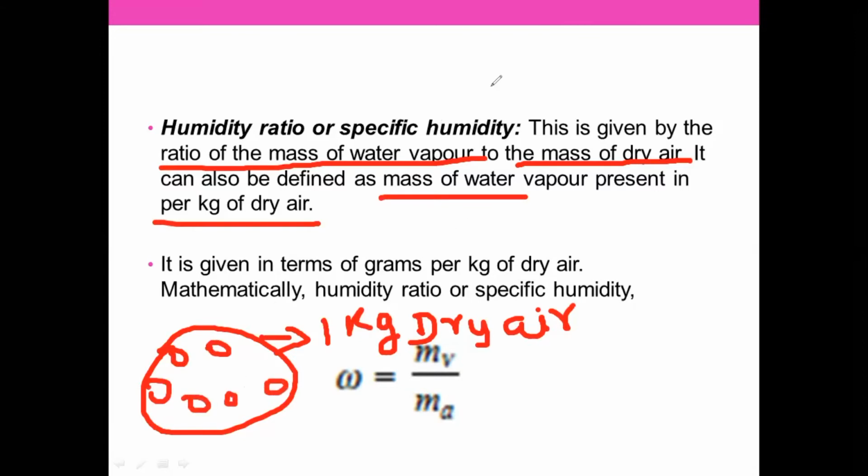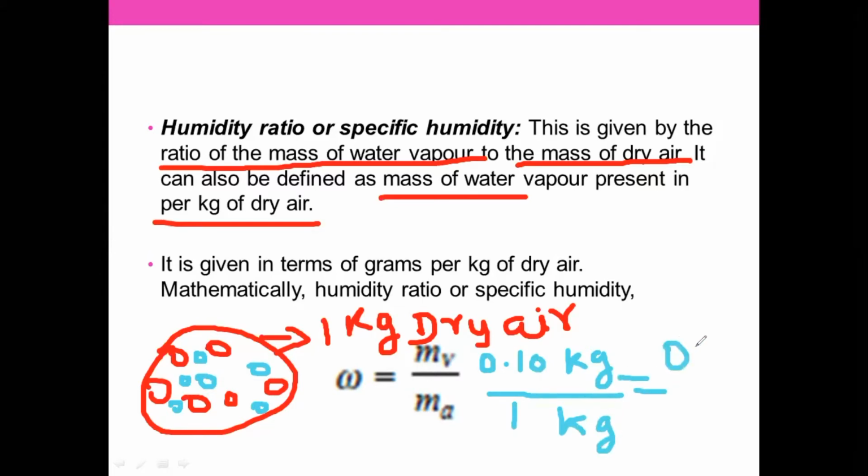In that, if I add 100 grams of water, then what is the humidity ratio? 0.1 kg of water vapor divided by 1 kg of dry air, which equals 0.1 humidity ratio. So this is known as the humidity ratio.